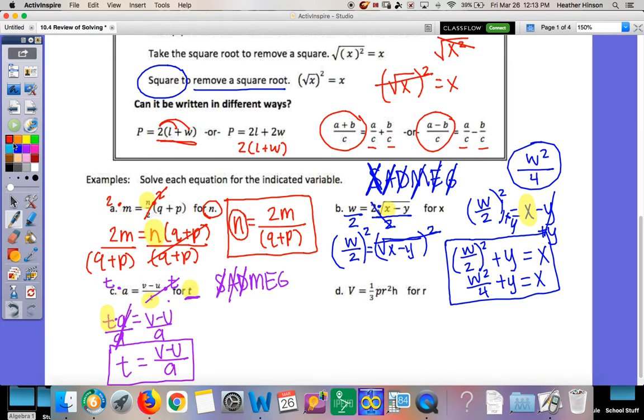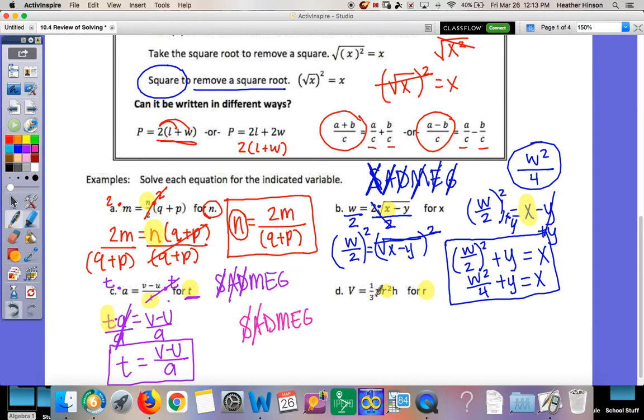Okay, for D, we want to solve for r. So we're going to solve for this little r right here. So we got our SAD MEG. So on r, do we see subtraction? No. Addition? No. Division?